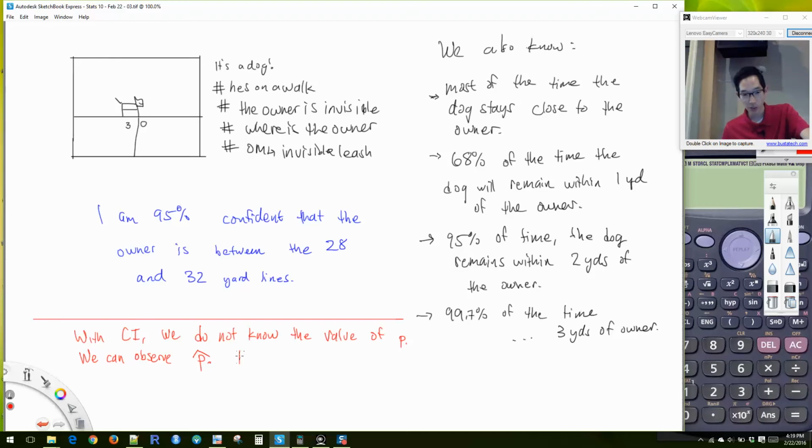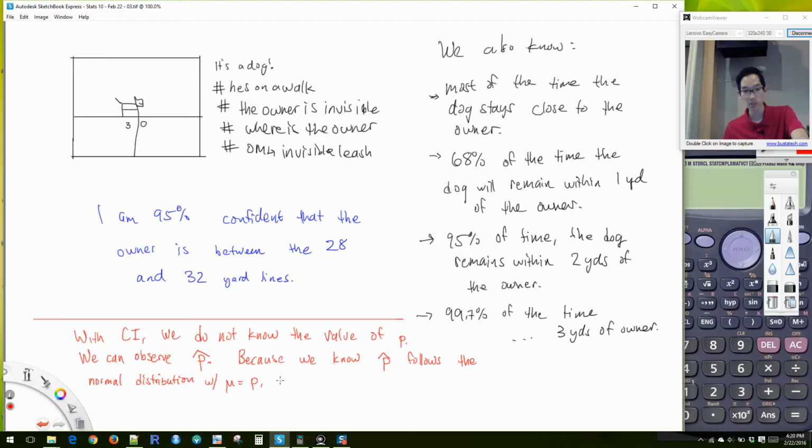Okay, and so the key here is because we know p hat follows the normal distribution, with a center at p, or I'm just going to say with mean equal to p.